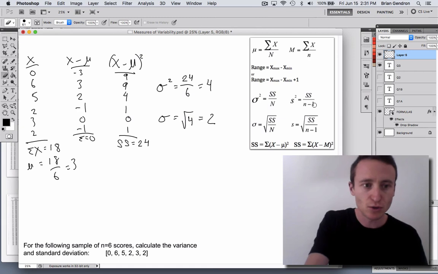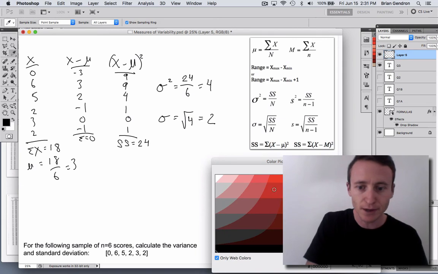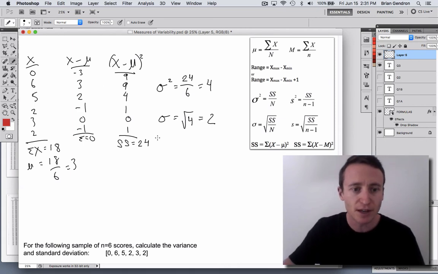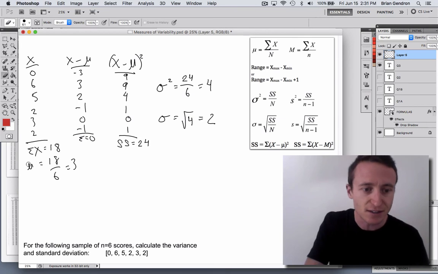I'll use a different color, let's use red. What we'll do here is imagine these are sample values. The first thing to consider is that the notation is different.